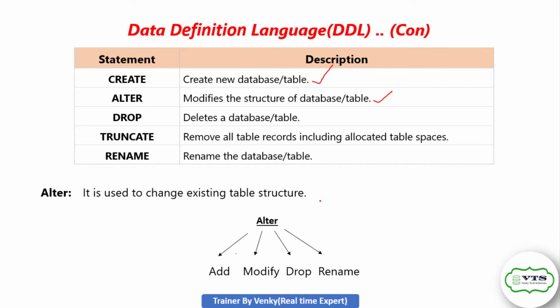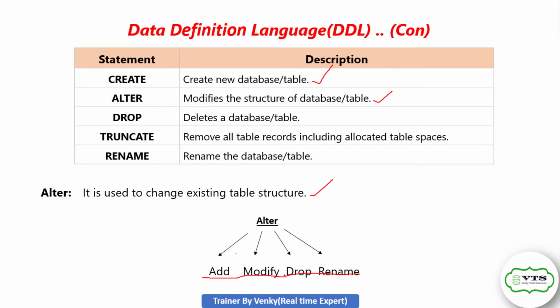Alter is used to change the existing structure, right? By using these keywords or commands, we will change the existing structure of the table. You must remember these things while you are using alter. There are 4 options we can utilize along with alter: add, modify, drop, rename. Don't get confused, drop is there and rename is there.